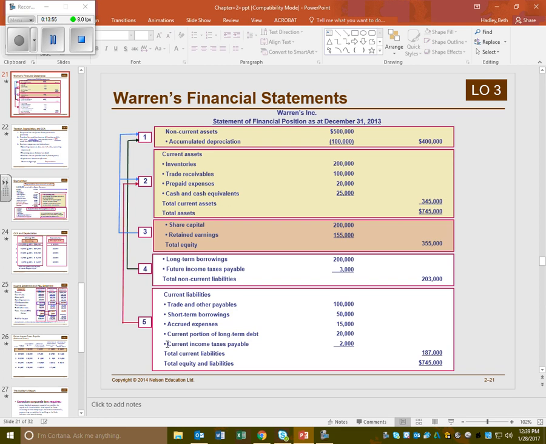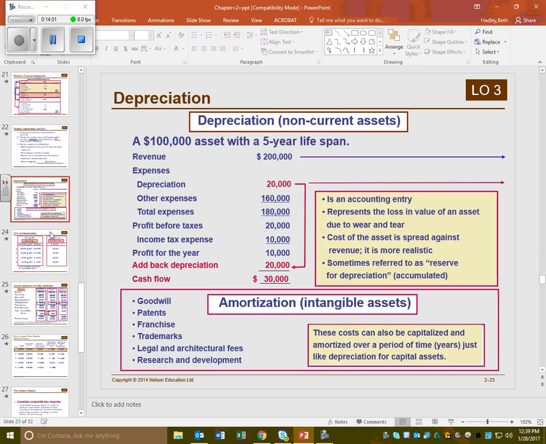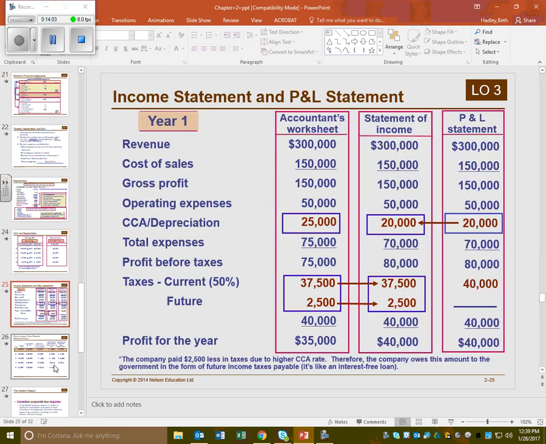And the amount that's currently payable is what would show up here. See here, the 37,500 would show under your current income taxes payable, and the future income taxes payable, which is under your long-term liability, would be your 2,500.